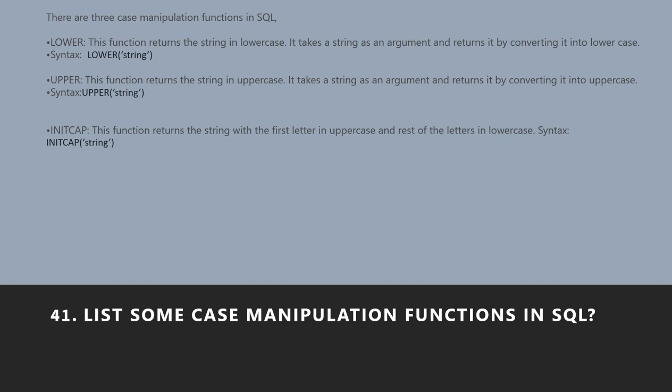Upper: this function returns all the string in uppercase. The syntax is just upper, in brackets you give the string. Init cap: this function returns the string with the first letter in uppercase and the rest of the letters in lowercase.